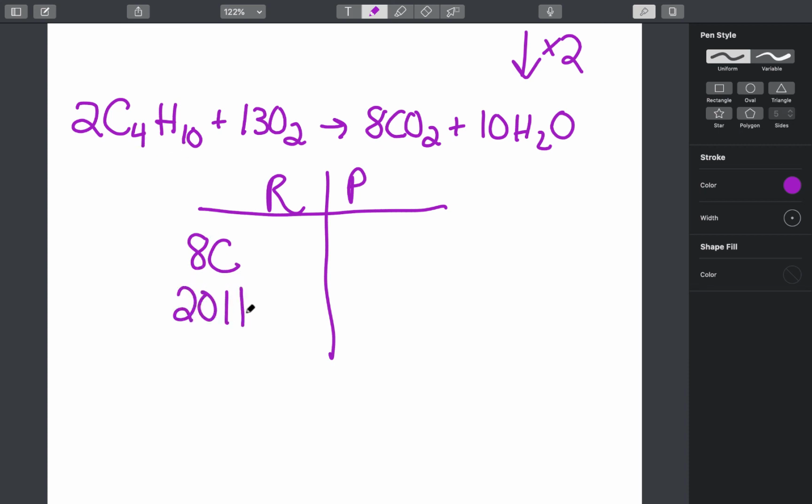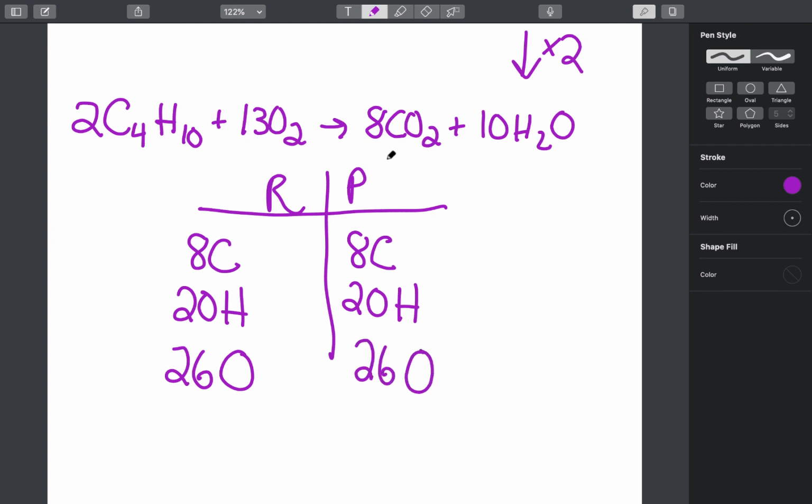That's a lot of hydrogens. So 20 hydrogens. And then we have 26 oxygens. So 13 times 2 is 26. So on the product side, we have 8 carbons. And then let's do the hydrogens. We have 20 hydrogens. And then we have 16 oxygens plus 10 oxygens, which is 26 oxygens, because 16 plus 10 equals 26.